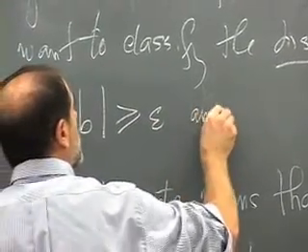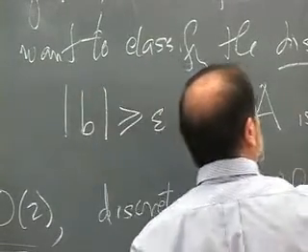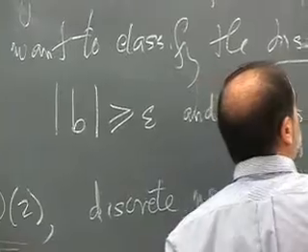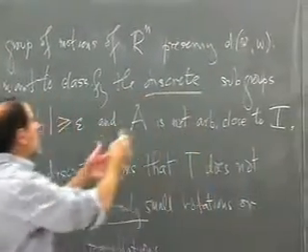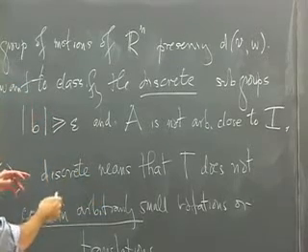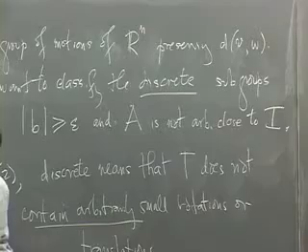And A is not arbitrarily close to the identity element, in the sense that the matrix entries of A are not all within epsilon of the matrix entries of the identity element.